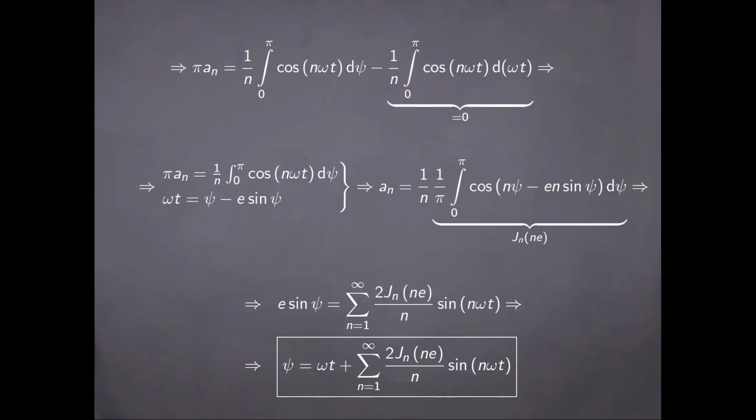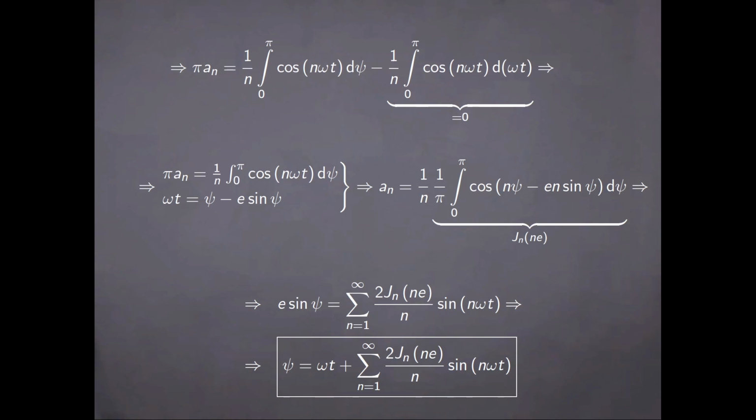As such, pi multiplying the coefficient a of index n is given by this simple integral, which can be evaluated further, once again, by means of Kepler's equation. So if we bring this in here, we can rewrite the coefficient as this result, 1 over n times 1 over pi multiplying this integral.